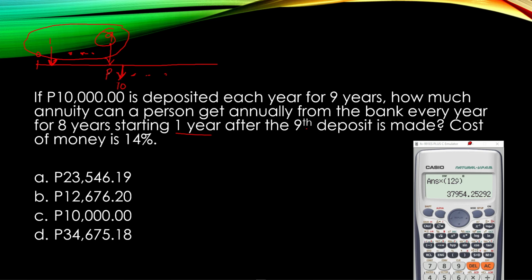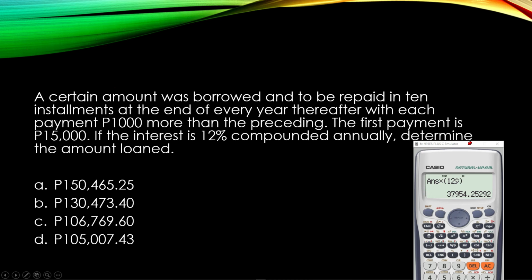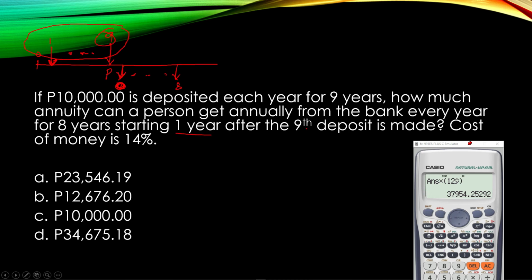So mag-start siya ulit from P, 0 ulit ito, tapos to 8. Kasi yung P, yun yung year 0 natin kumbaga. Ganyan. So, parang dalawang annuity yung nangyayari dito.